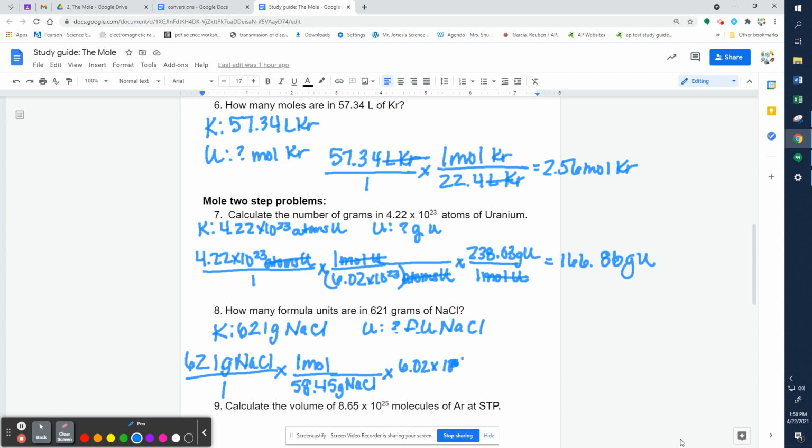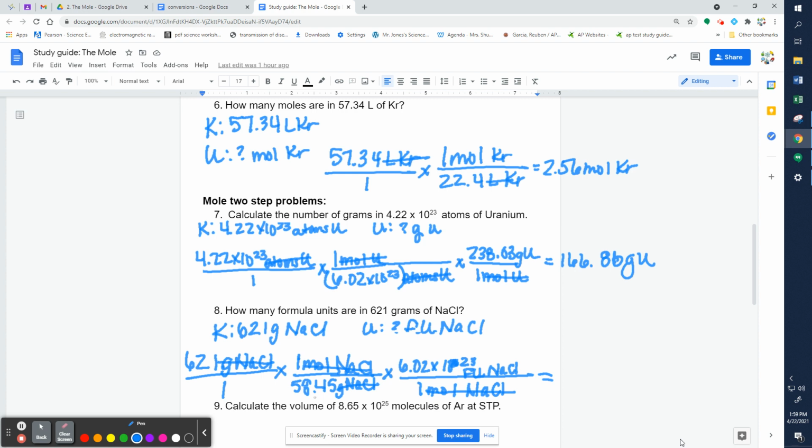Sorry, that's 23. Do not forget to write all of these units. Okay? Grams of NaCl is going to cancel out, and then moles of NaCl is going to cancel out.